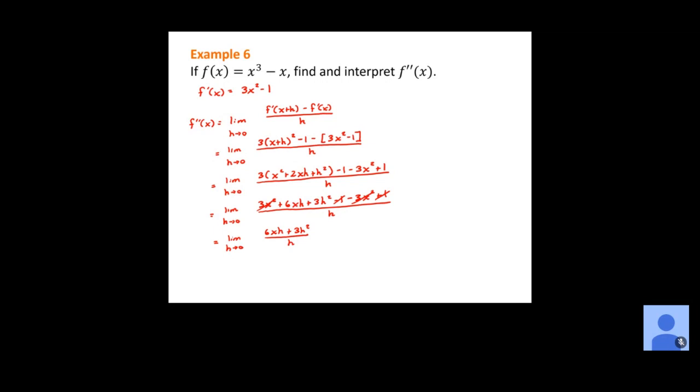And at that point, we can do what? Good. Factor out the h. Limit as h approaches 0, h times, that's going to be 6x plus 3h all over h. Now we can cancel out the h factor, numerator, denominator, and we should be able to calculate this limit now.